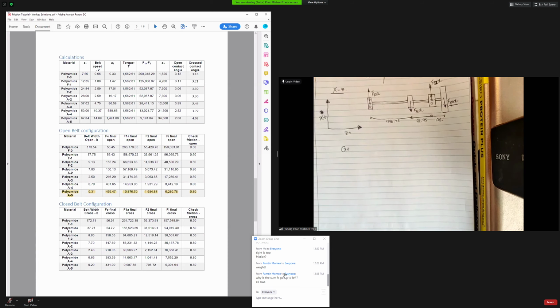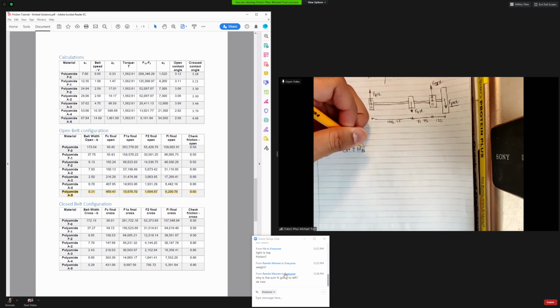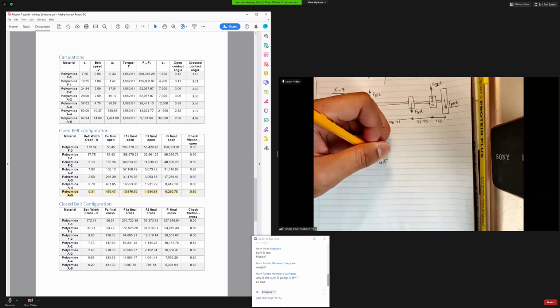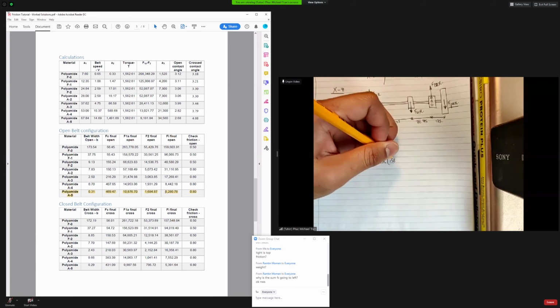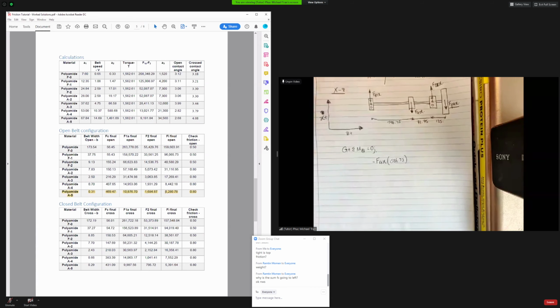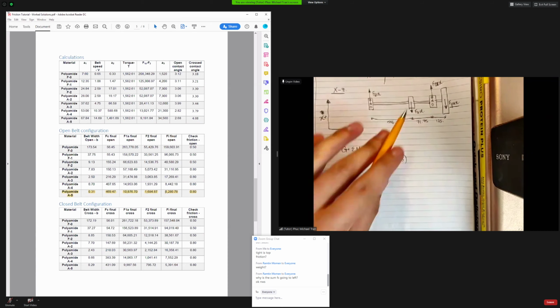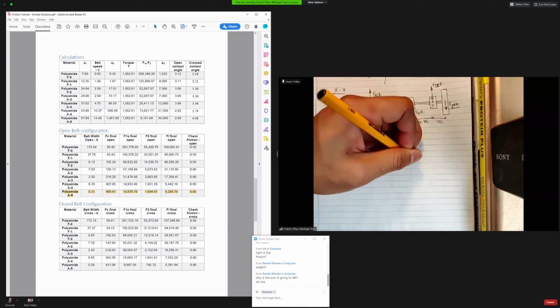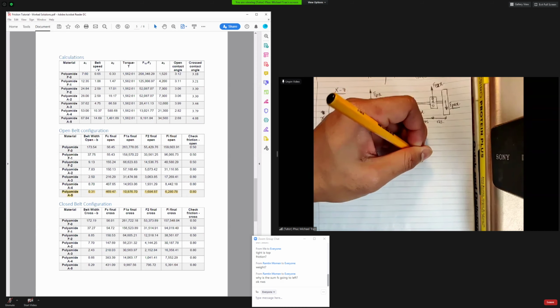Moment at, let's go B1. It'll be there. So our first one's going to be FGX times 1586.75. And then B2X is going to be positive, so FB2X.